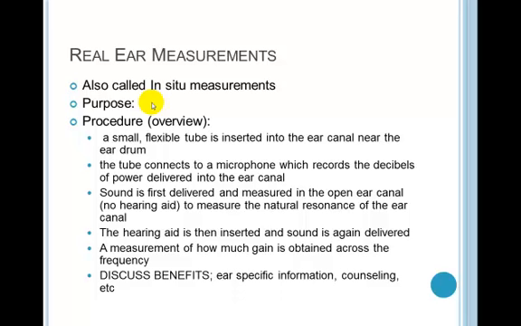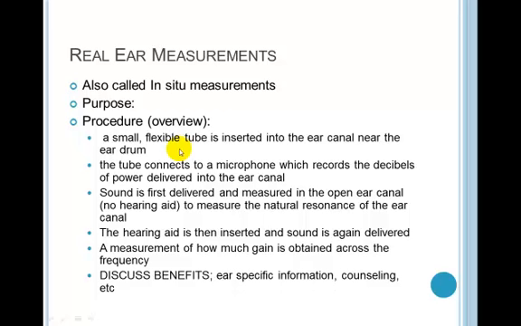Okay? So the procedure, and this is just an overview. I sit the patient down and I look in their ear with the otoscope to make sure everything is anatomically where I think it should be and there's no debris in the ear canal. Next, I'm going to insert a small flexible tube into the ear canal going way down toward the eardrum.